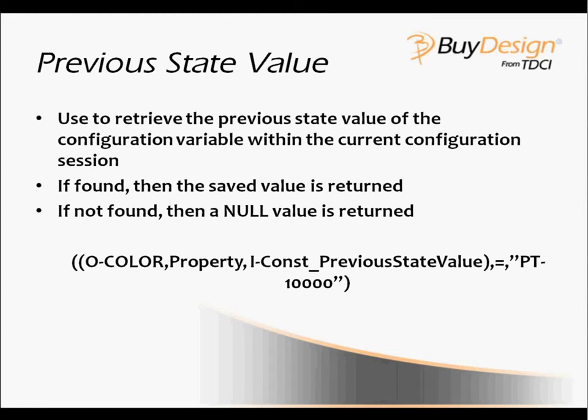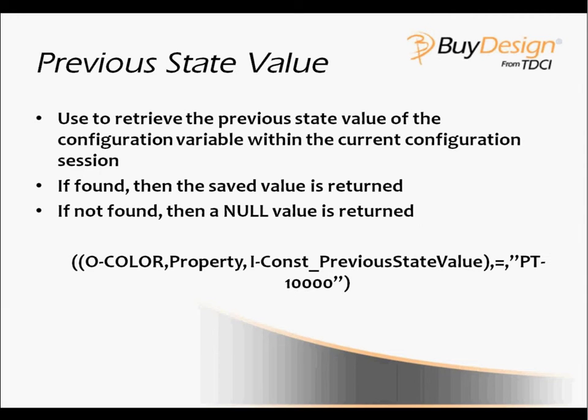If after the screen rule executes for changing it to blue, I have a statement that says O-color property constant previous state value, it's going to do that lookup. And it's going to find that the previous state value of color after that screen rule executed was red. And it's going to return it. Maybe I need to flash an error message to the user saying, hey, you overrode the default.